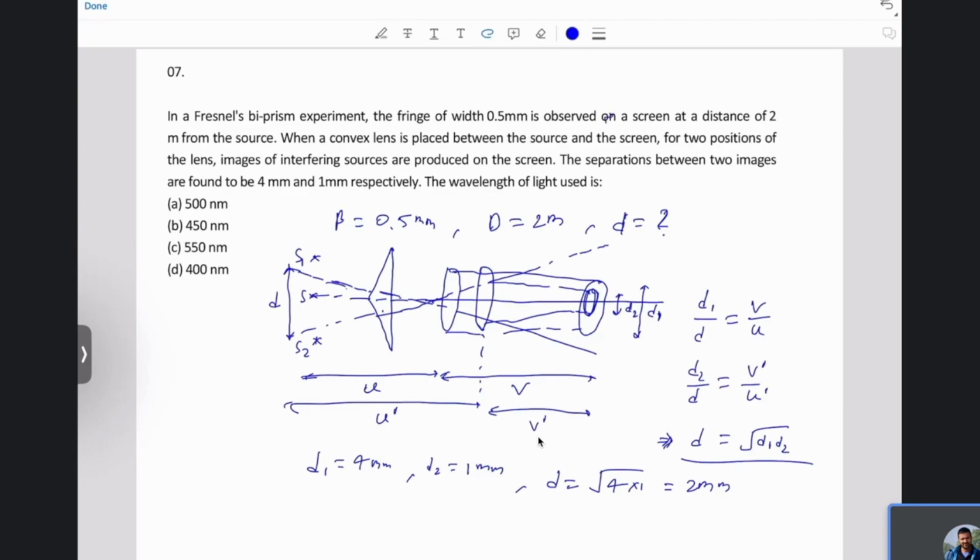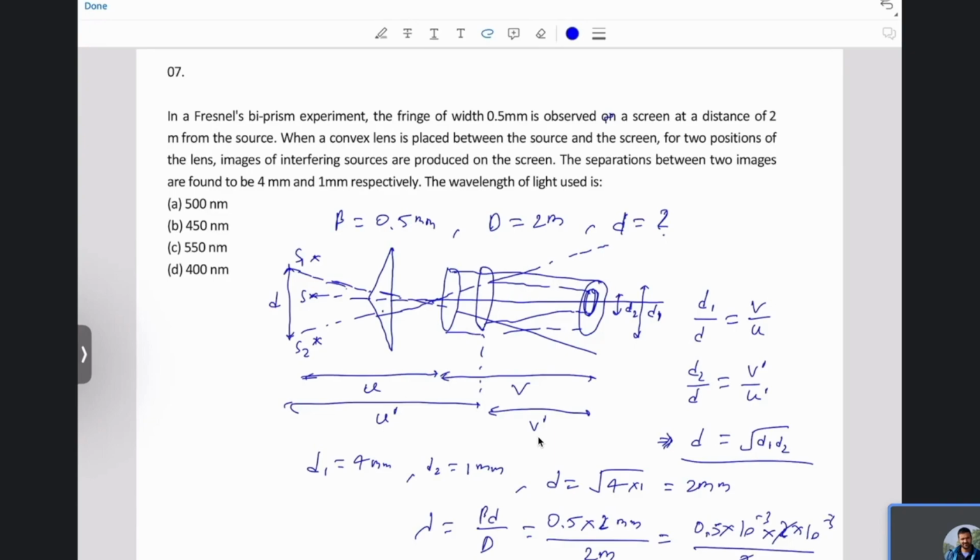And then you can easily calculate the wavelength of light by this formula, beta d by D. So beta is 0.5 mm, d is 2 mm, and this is 2 meter, the capital D. So 0.5 into 10 to the power minus 3 into 2 into 10 to the power minus 3 to convert into meters, then 2 comes.